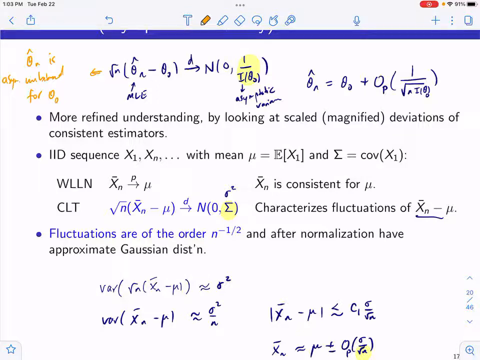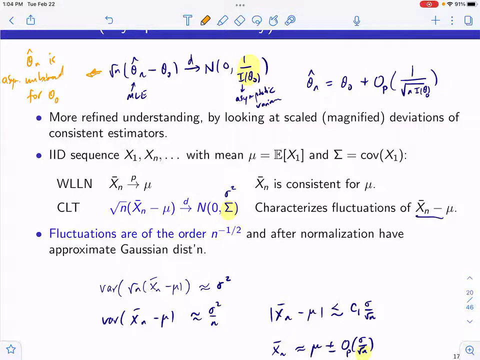What it means is just what I wrote here. So intuitively, it's like approximately zero mean, so approximately unbiased, but precisely it just means what I wrote here.